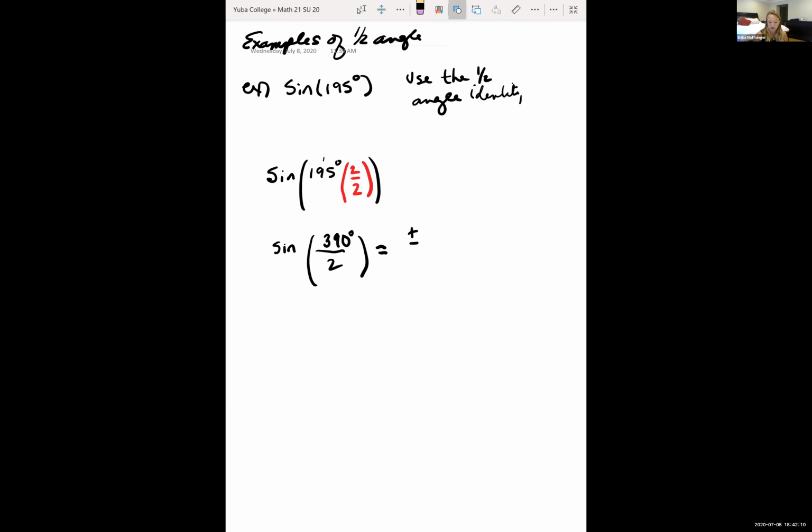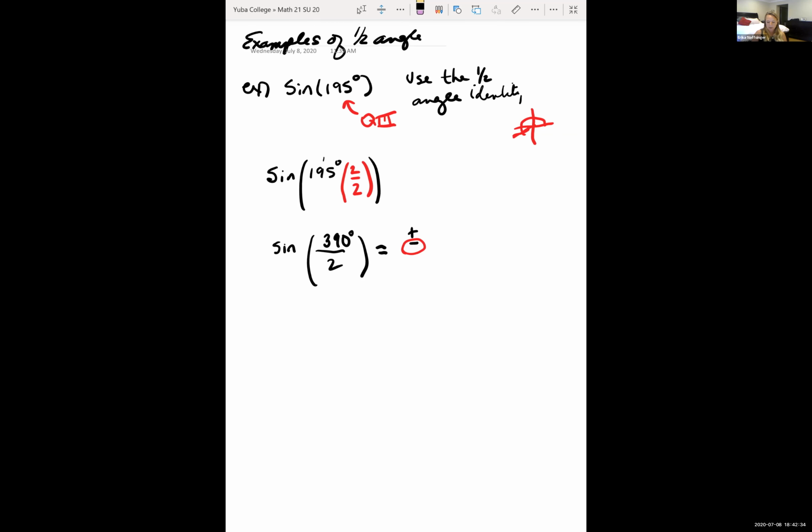Well, let's look at where 195 degrees is. 195 degrees is 180 degrees, so that's our x-axis, plus some 15, not very far, but it's in quadrant 3. Sine is negative in quadrant 3.